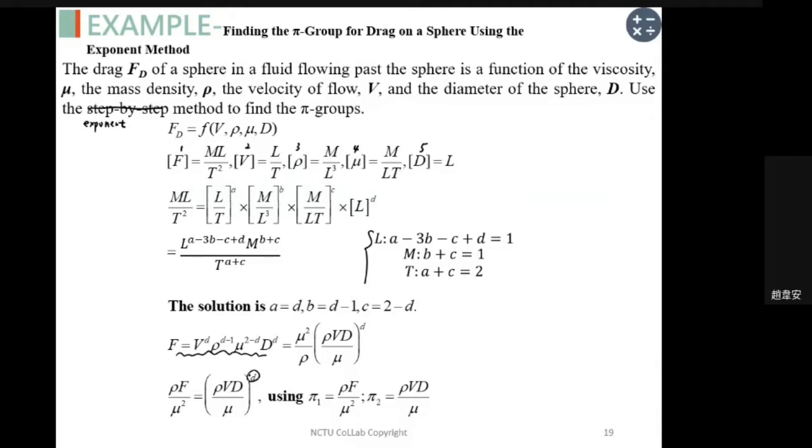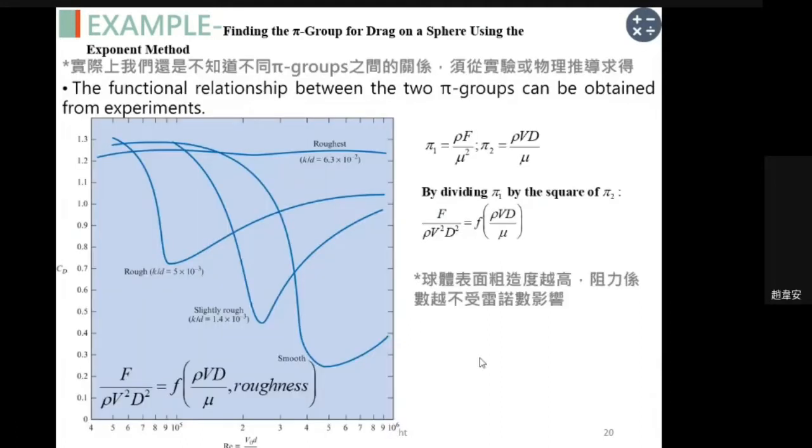So after the dimensional analysis, we only know that rho F divided by mu squared is a function of the Reynolds number, but we don't know what the function is. So we need to conduct laboratory experiments to investigate the relationship between the Reynolds number and rho F divided by mu squared.